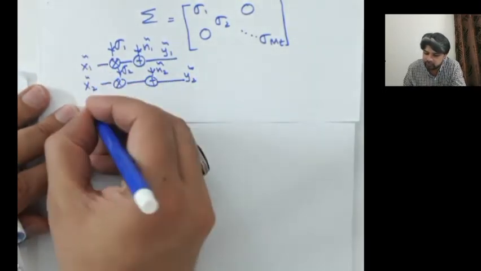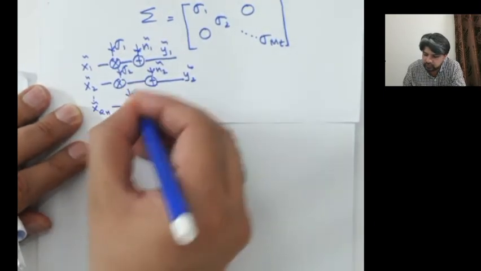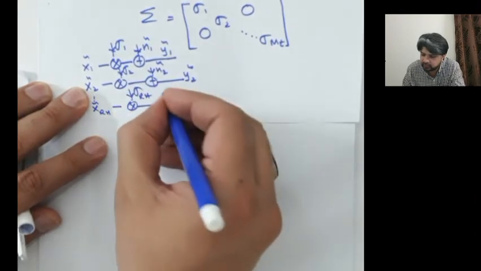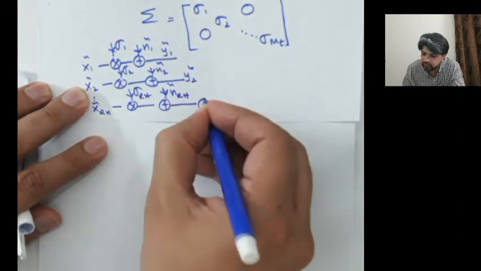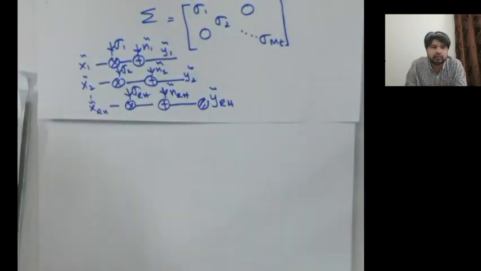So xRH tilde is multiplied with sigma RH plus nRH tilde, which gives you yRH tilde. So effectively, you have converted your MIMO channel into parallel channels. That was the parallel decomposition of the MIMO channel that we discussed last time.